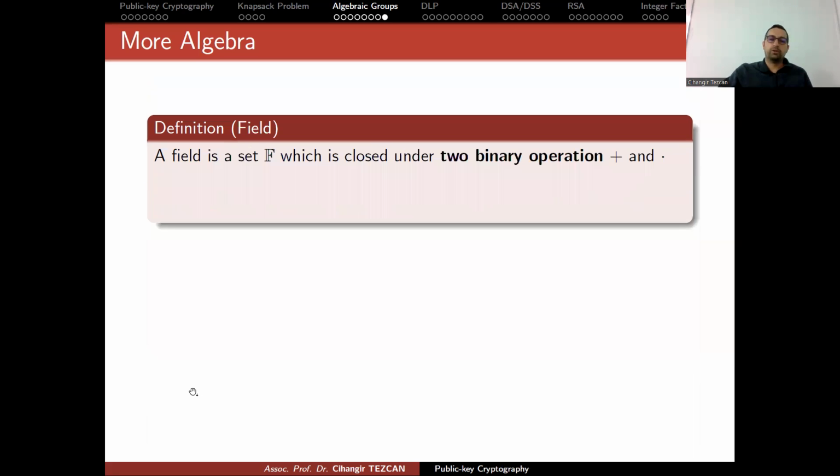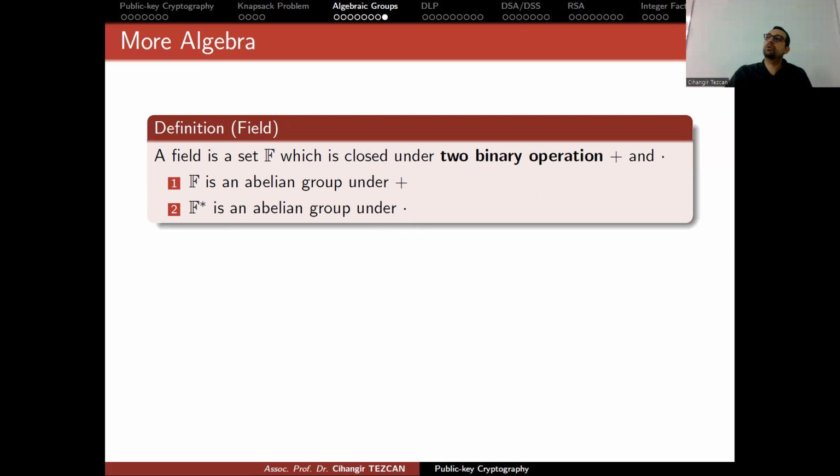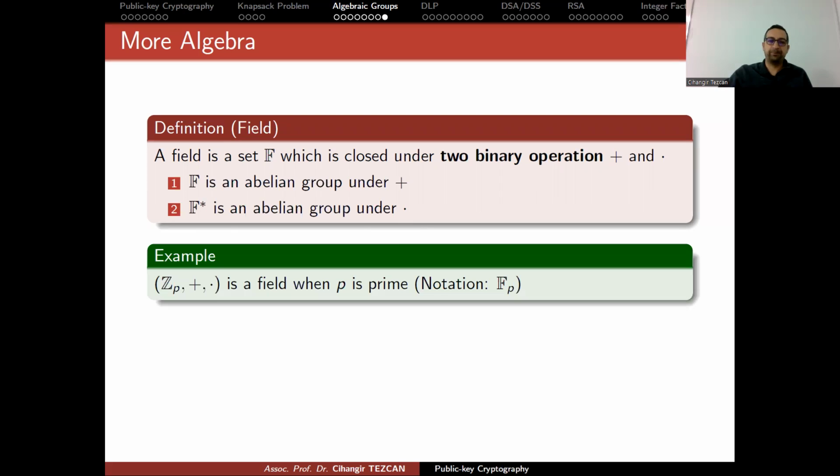Okay. So moving on to the final definition, the field, which is what we were trying to reach. A field is a set F which is closed under 2 binary operations, plus and multiplication. F is an abelian group under addition. Also, F star is an abelian group under multiplication. So now we are looking for 2 group operations on the same set. Here's an example: Zp with plus and multiplication is actually a field when p is prime.